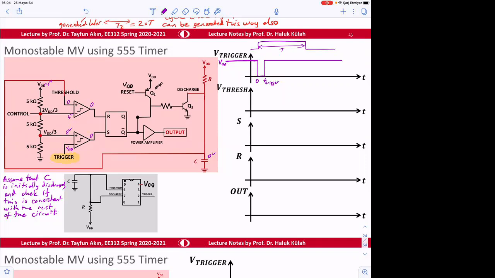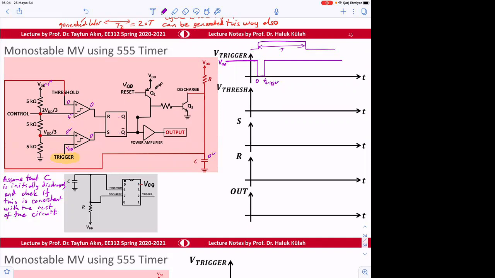So what about the Q or Q bar? If S and R are 0, it will be storing its previous value, right? So Q and Q bar will depend on the previous case.